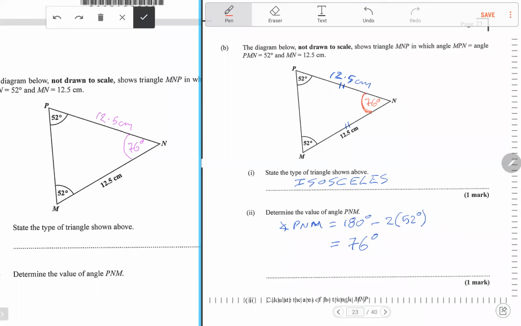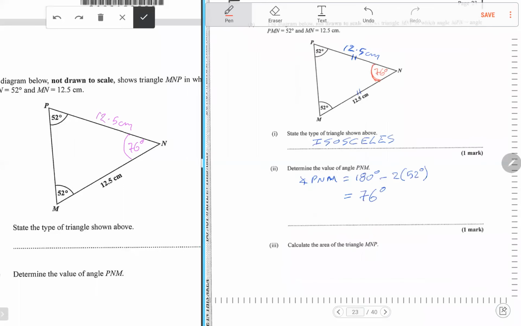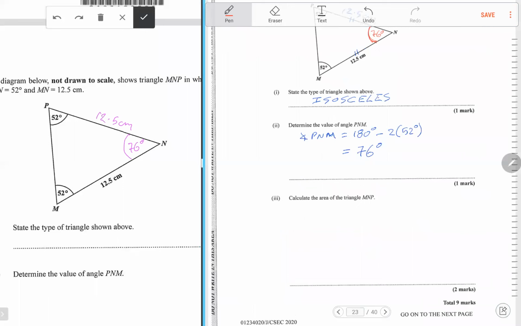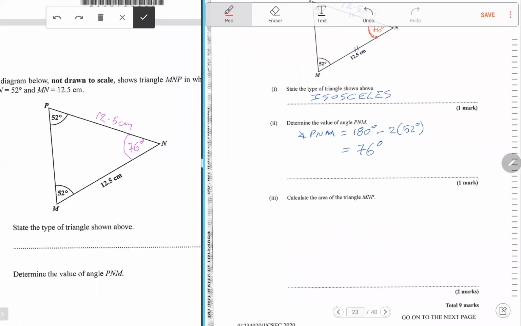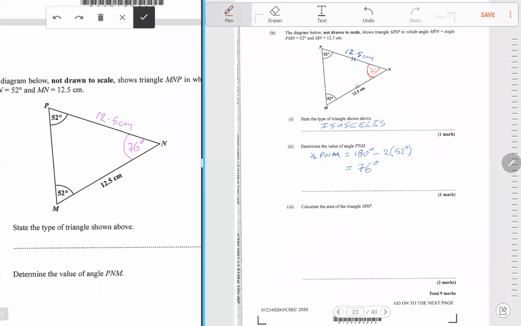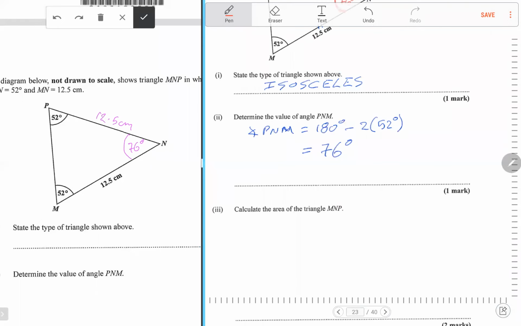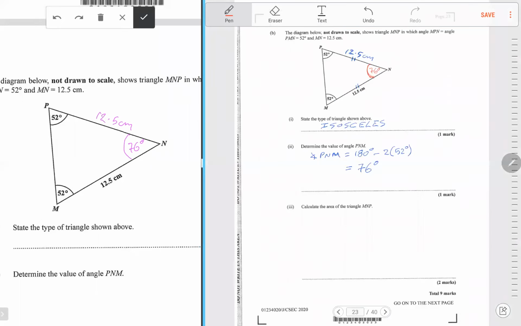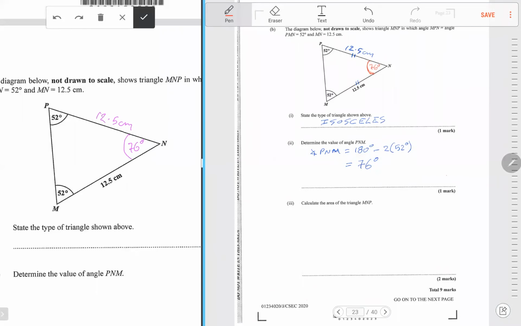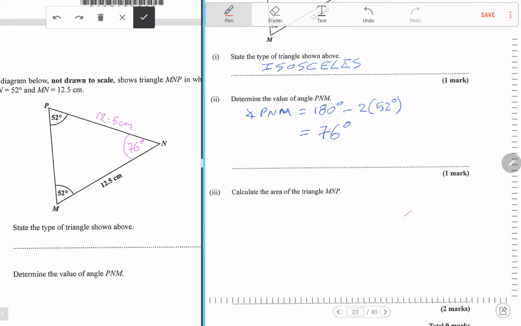So let's go now. Next part. This one asks us to calculate the area of the triangle. This is not a right angle triangle, so no half base times height. What we can do is use the trig formula for the area of a triangle, when you know two sides and the angle between them.